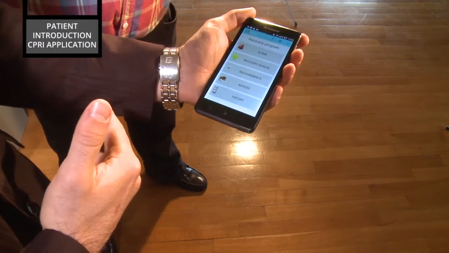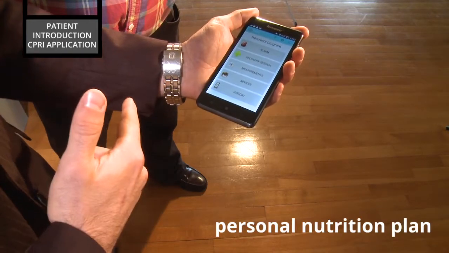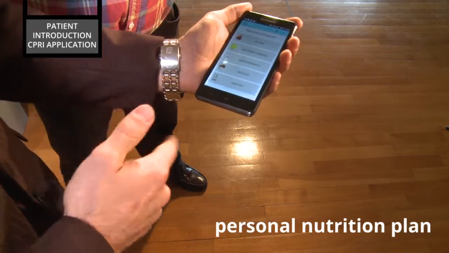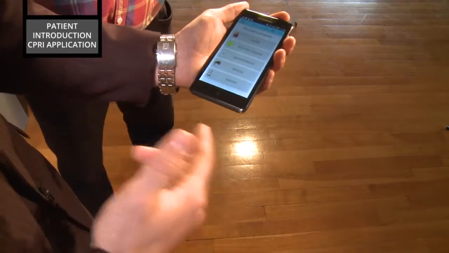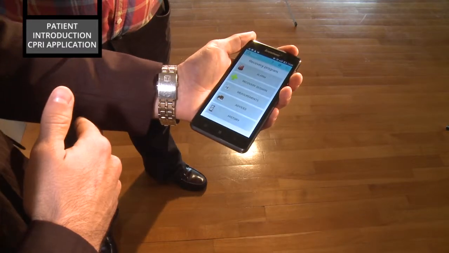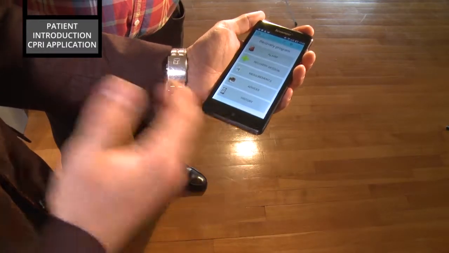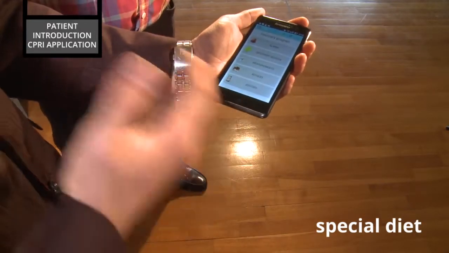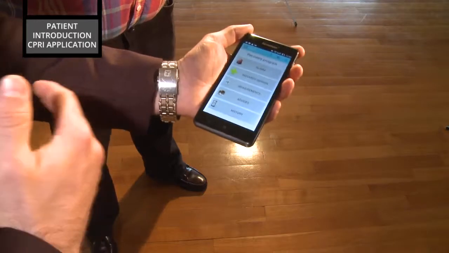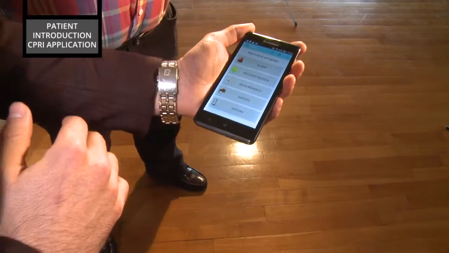It's very important that the patient has a personalized nutrition plan to get to his goal, because most persons that suffer from cardiovascular disease are overweight. They need to lose weight. Most of them have different comorbidities. So if you have kidney problems, you need a special diet for kidney problems, and if you have diabetes, you need a special food plan so you don't damage other things in your rehabilitation plan.